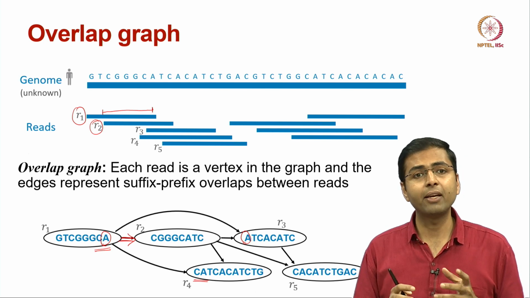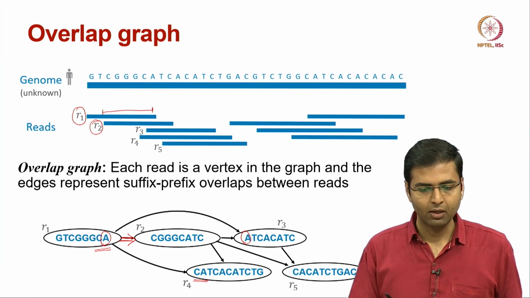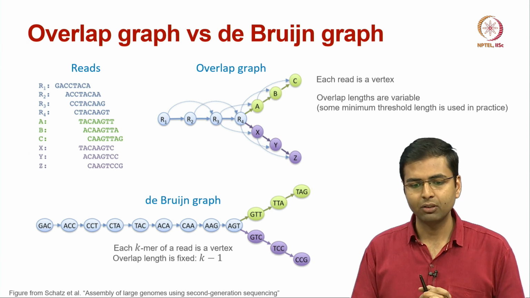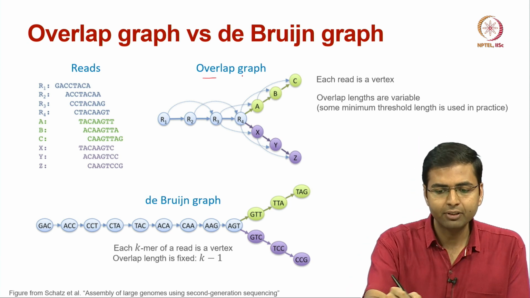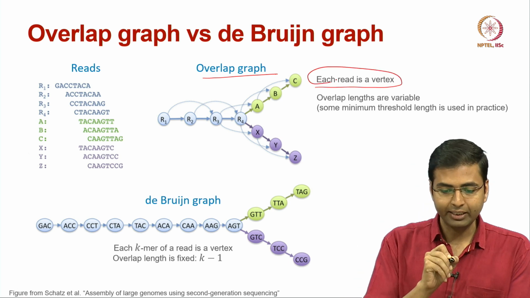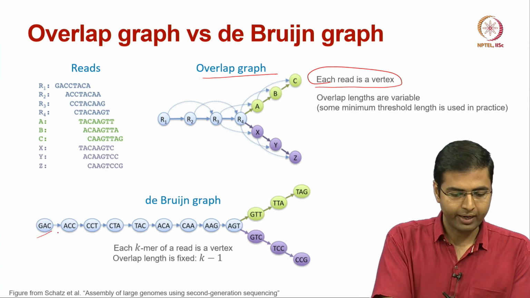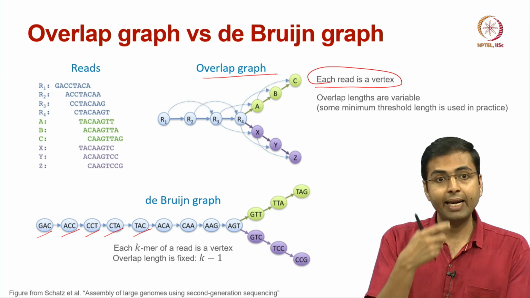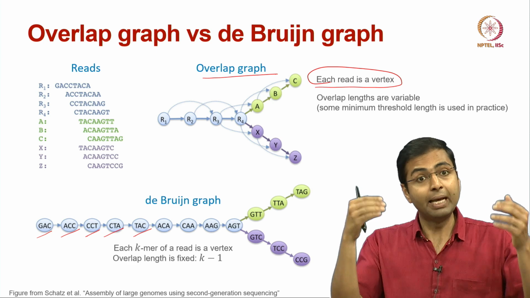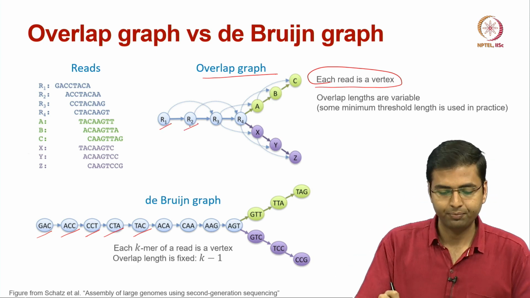Let us see how we can use these overlap graphs in practice. Now, I want to remind you that overlap graphs are different from De Bruijn graphs. Remember that in overlap graphs each read is a vertex, whereas in De Bruijn graphs each vertex is a k-mer observed in the reads. So, here all your vertices are k-length words observed in the reads, whereas in overlap graphs the reads themselves are the vertices. So, here R1 is a read, R2 is a read and so on.